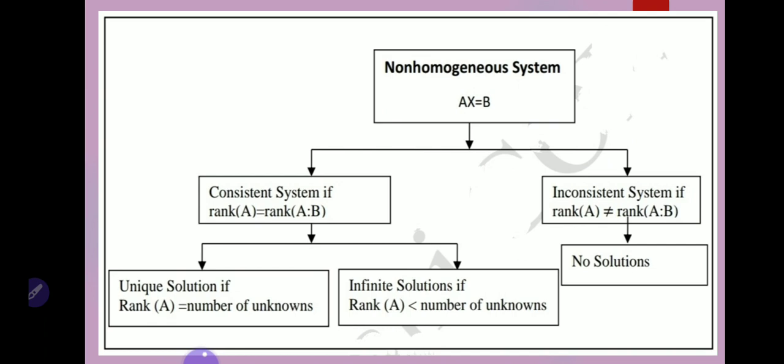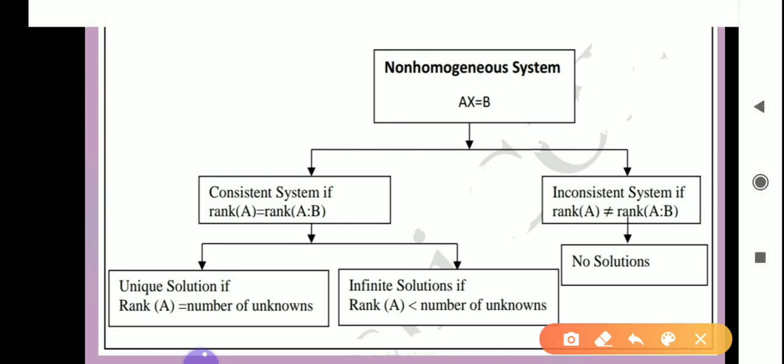Using a tree diagram also we can decide. Suppose a non-homogeneous system Ax is equal to B is given, and we have to decide the nature of this system, means when this system is consistent and when it is inconsistent. So first we will see the consistent system: if rank of A is equal to rank of AB, both ranks should be the same. And if rank of A equals rank of AB, then we get a unique solution or an infinite number of solutions.